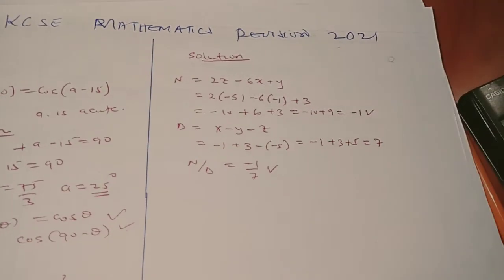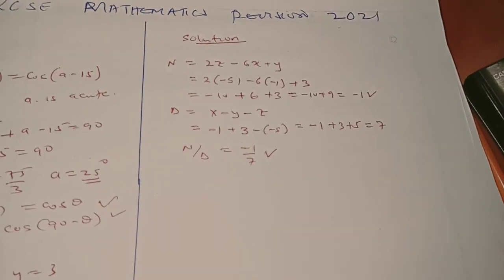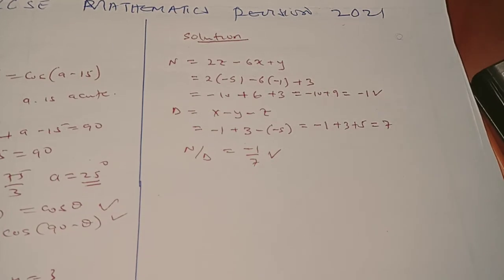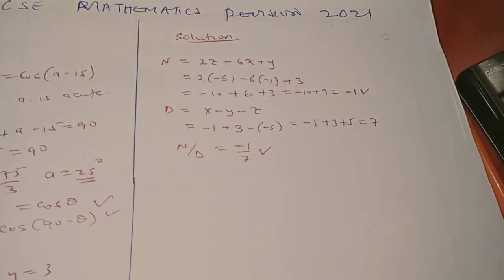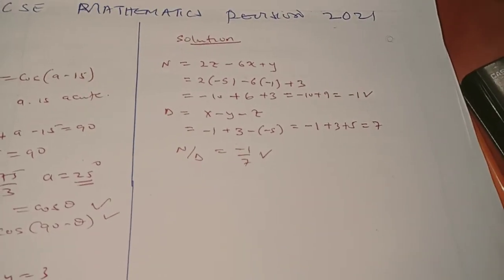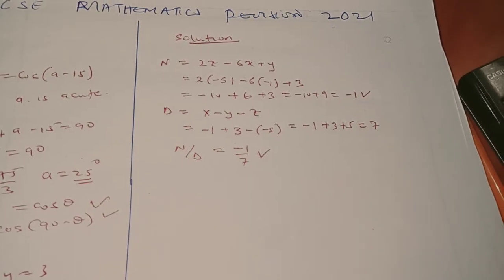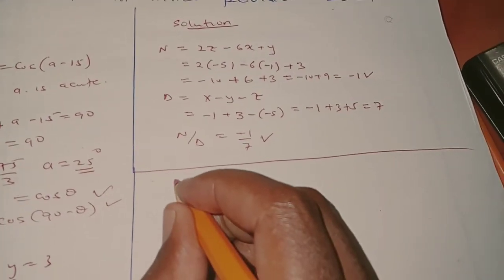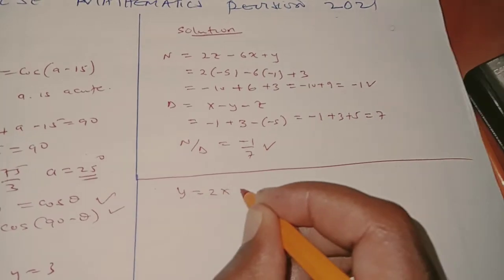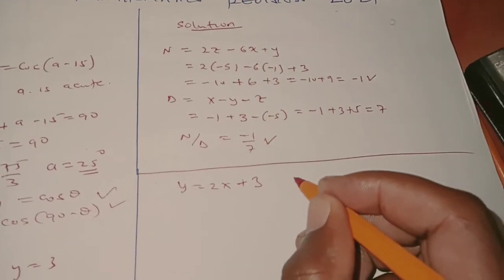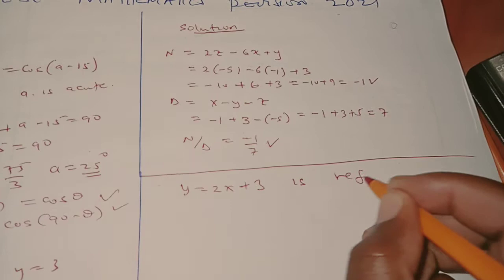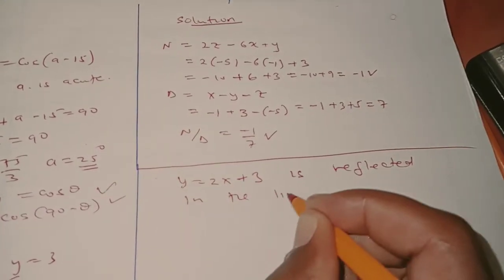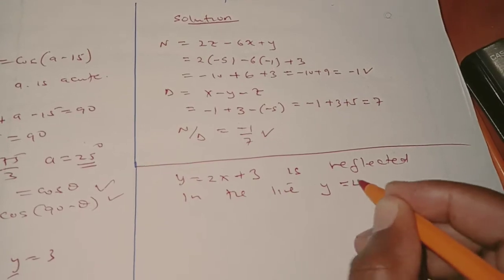Okay, I have another question here that is a bit tricky. Allow me to read the question. The question says, the line y equals 2x + 3 is reflected in the line y equals 4.